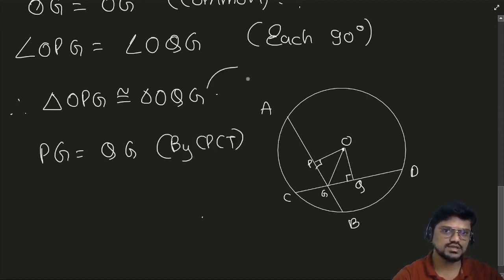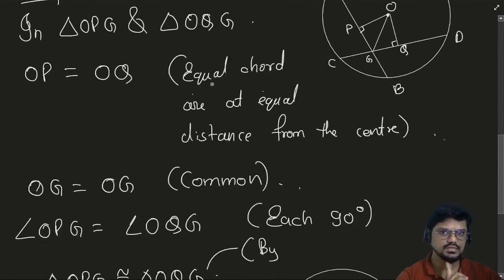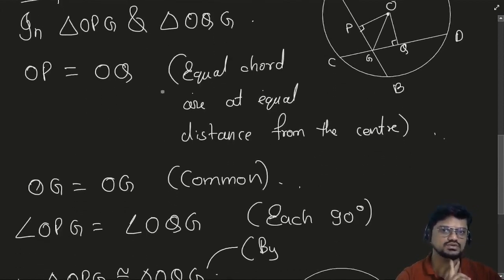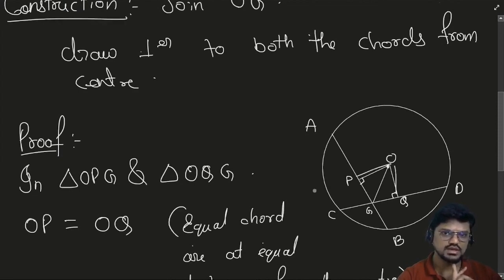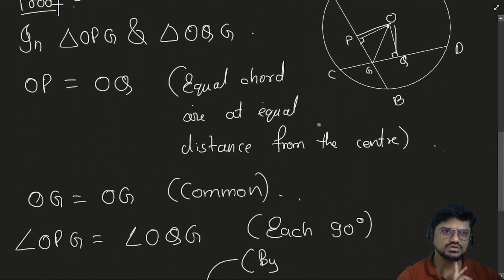Also, these two triangles are congruent by which test? SAS? No. See, there are two sides, OP equals OQ, and OG equals OG, right? This angle is not coming in between both the sides, so it is not SAS.